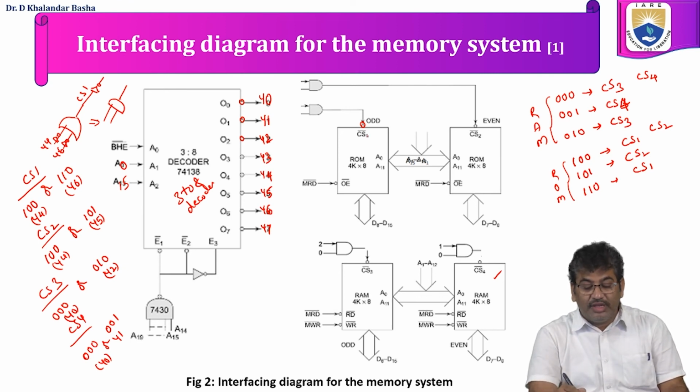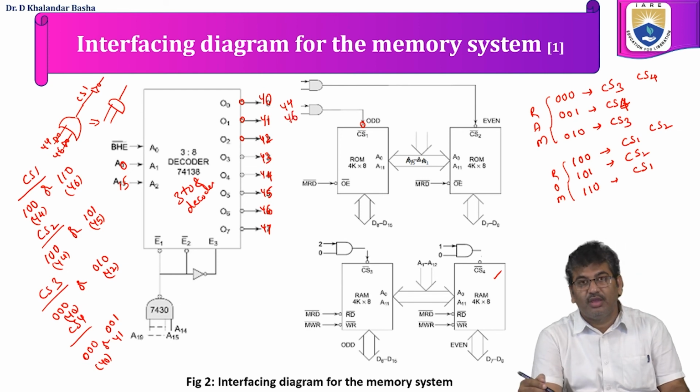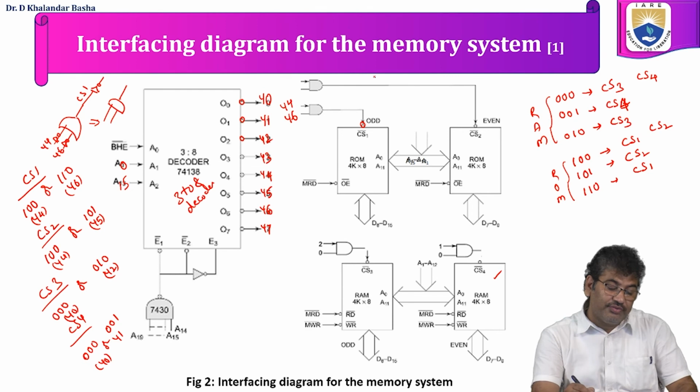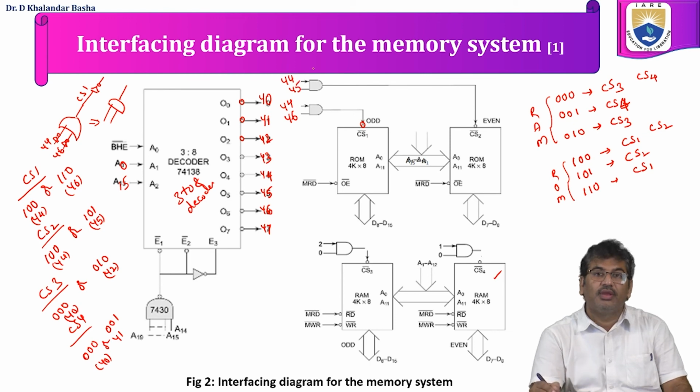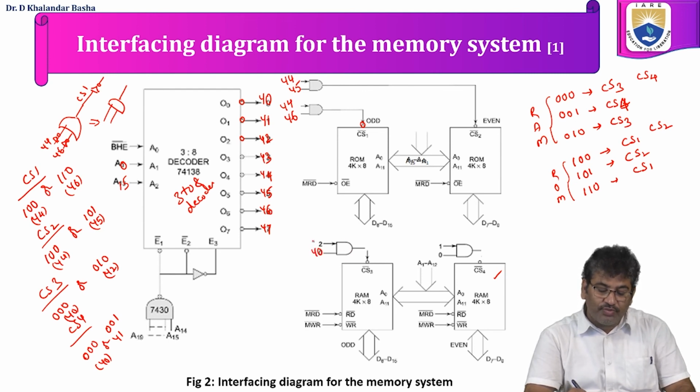So now for enabling the chip select 1, we have to give the inputs for this AND gate as Y4 and Y6. For enabling the chip select 2, the inputs for the AND gate we have to give are Y4 and Y5. For enabling the chip select 3, we are going to give the inputs Y0 and Y2.